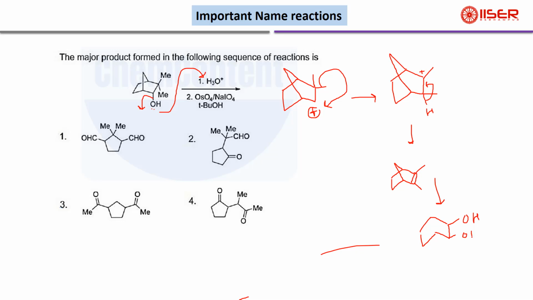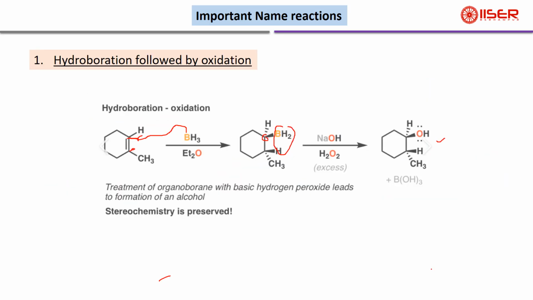Now if you use NaIO4, what will happen? In the presence of NaIO4, it undergoes a Lemieux-Johnson reaction, which we have already discussed.